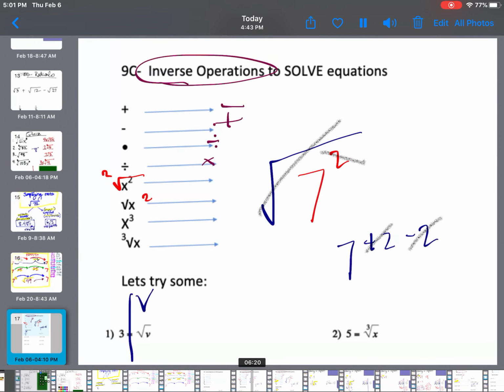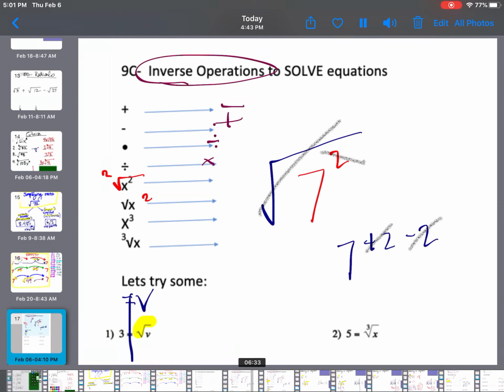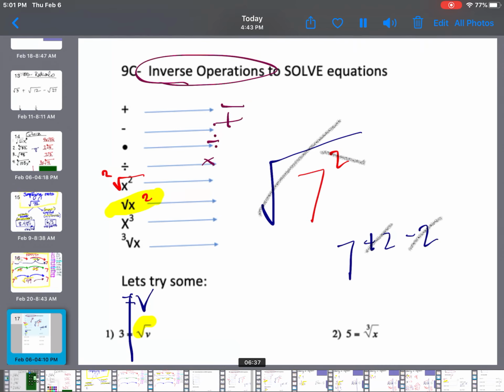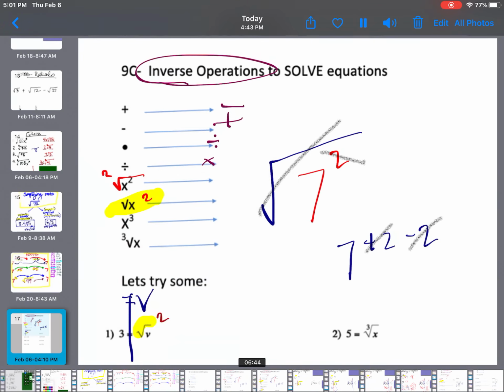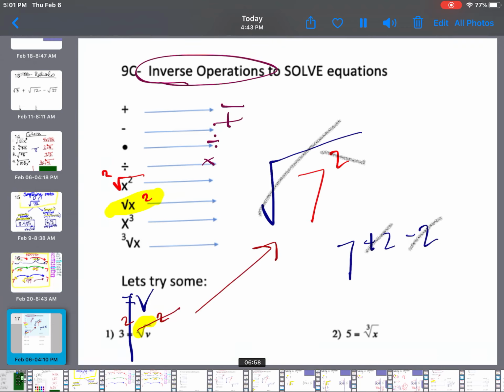So let's try one. Let's look down here at problem number 1. On problem number 1, you'll notice it has an equal sign and it has a letter. So the goal of this problem is to get the letter by itself. So if you notice up here, it says that the inverse of square root is squared. So we're going to put a little squared, and whatever we do to one side, we have to do to the other.